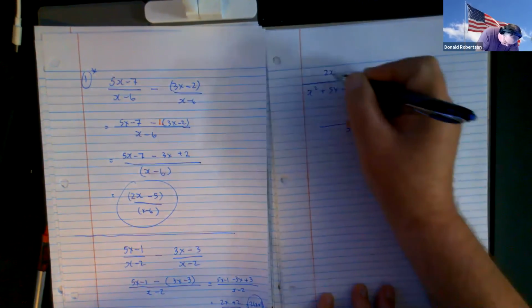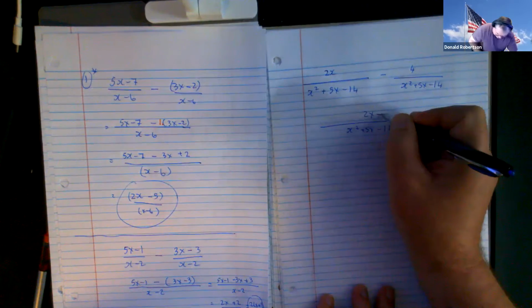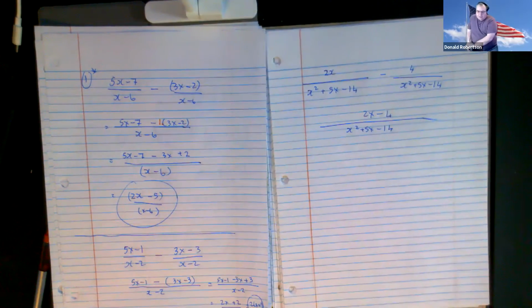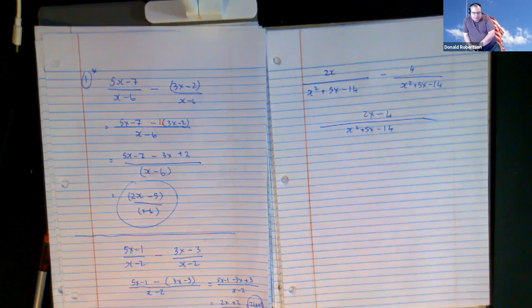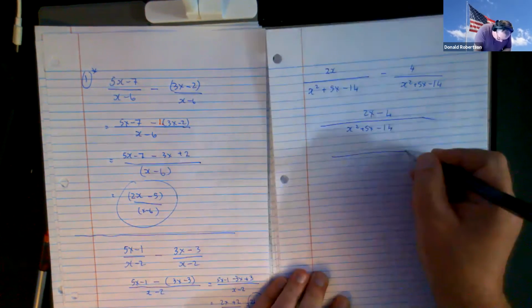And that's pretty straightforward, right? Do you think that's going to be the final answer? No, agreed. Should we factor everything in sight just to see what we get? I've actually done that bottom one, haven't we?